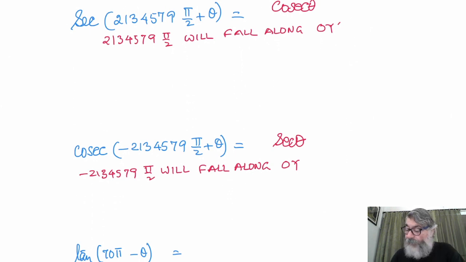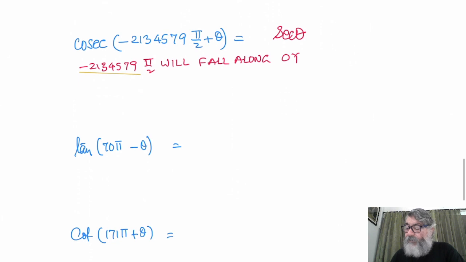Now let us see 1070 pi minus theta. This is now the multiples of pi. Multiples of pi by 2 were falling along the vertical line.